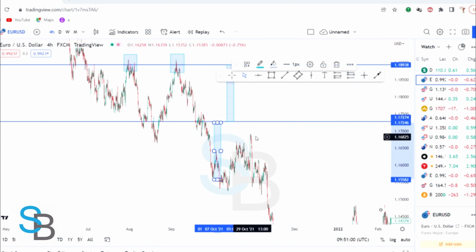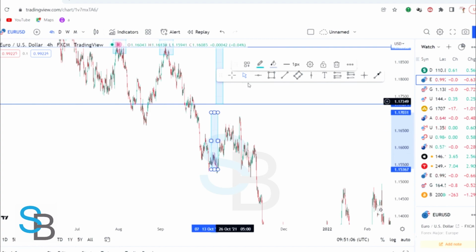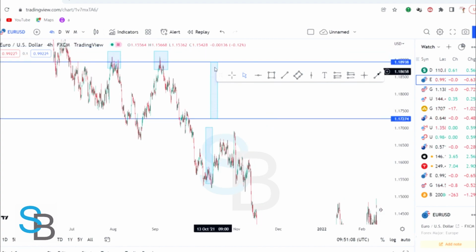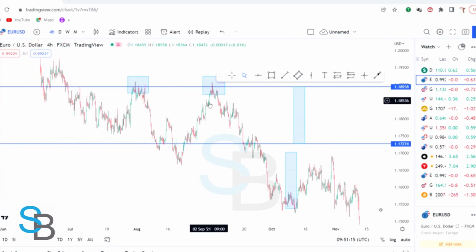Imagine we sold here, we will be making the profit down to this point. It came and made it down to this point at approximately the same height from here to here. So you can see this is one very good example of a double top.